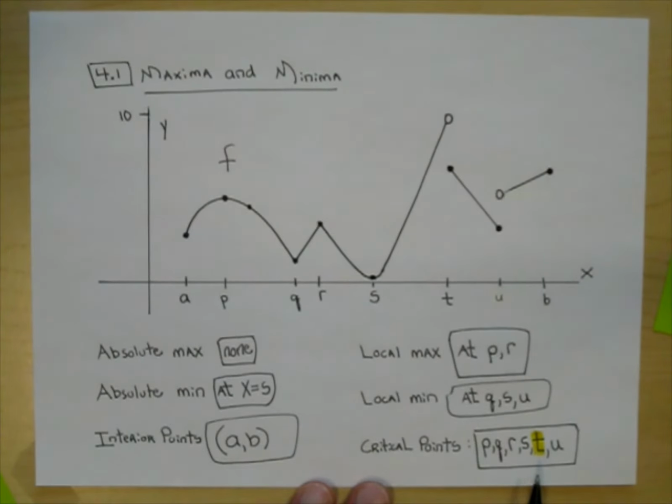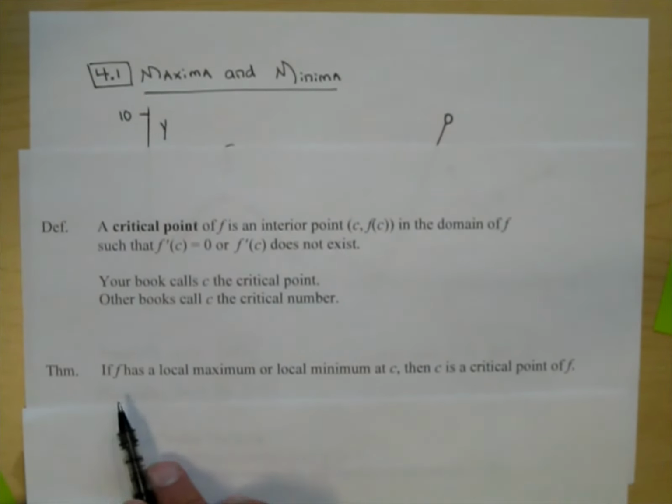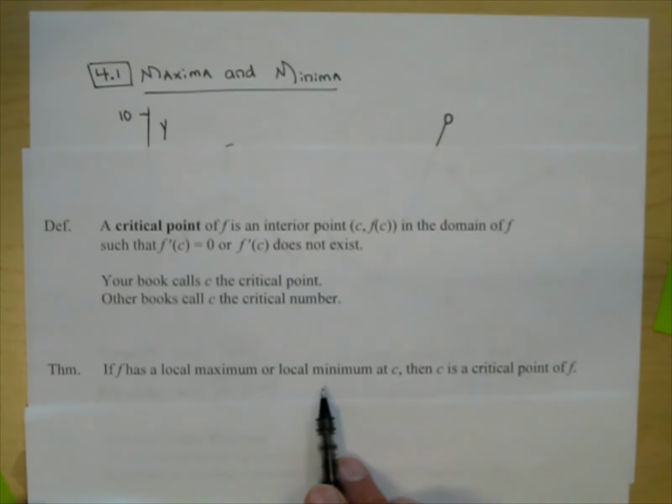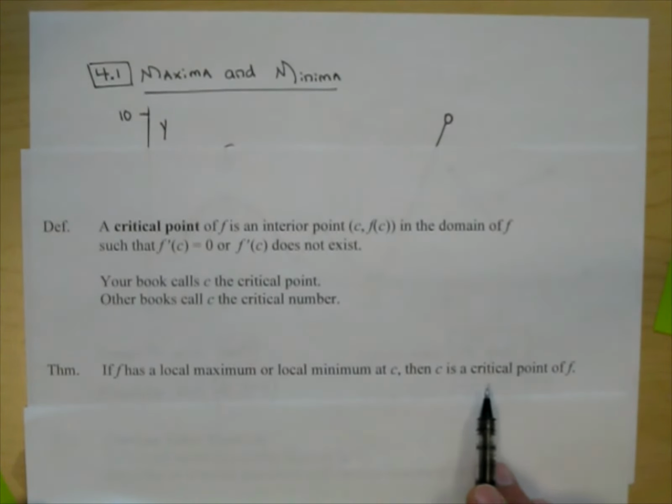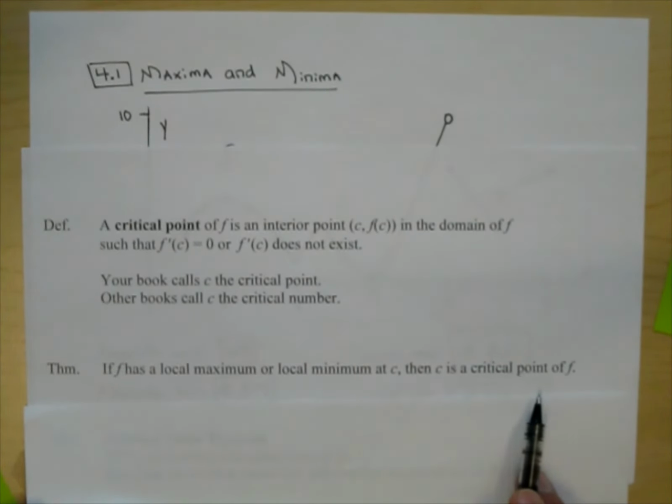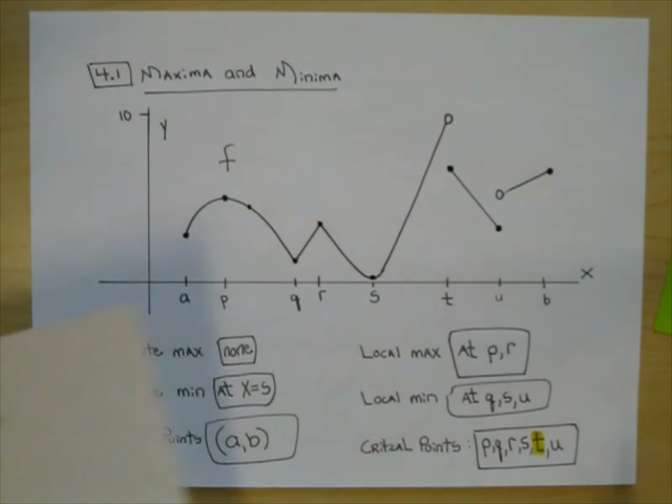But the other way around, the converse of that theorem, is not necessarily true. The converse is: if it is a critical point, then it is a local extremum. That is a false statement. Notice this theorem has if-then: if local min or max, then it's a critical point. And that's going to be important in chapter 4.